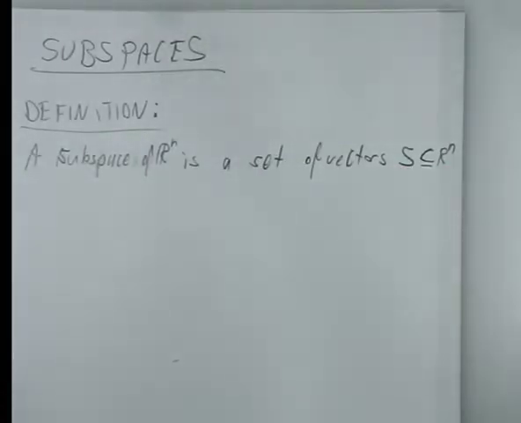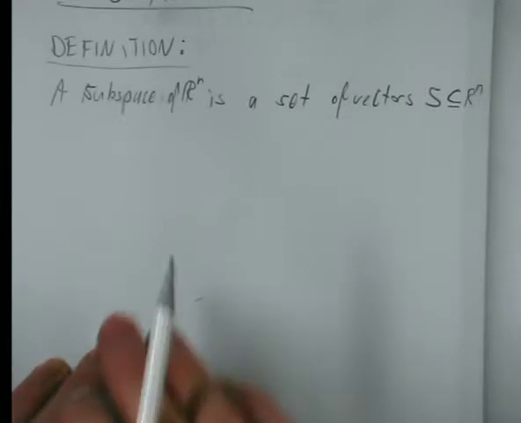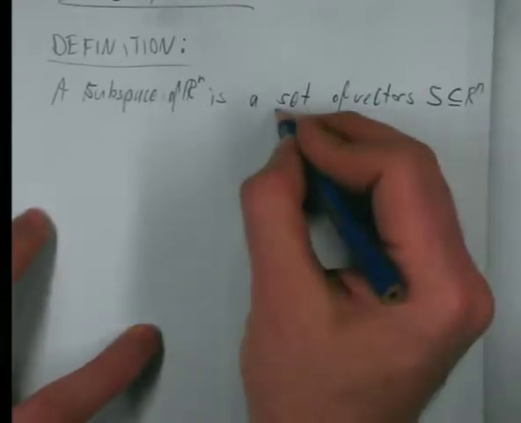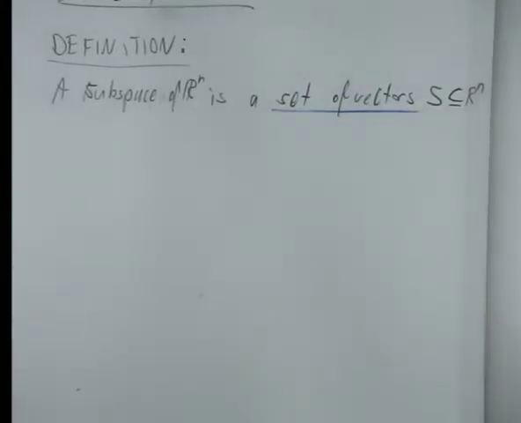Whereas if I had just a vector like V underline, I would use the other in. So a subspace of Rn is a set of vectors, and that's the first rule. It's a set of vectors. Really important to remember that. It's a set, so all that stuff I said about sets applies to subspaces because they are sets.